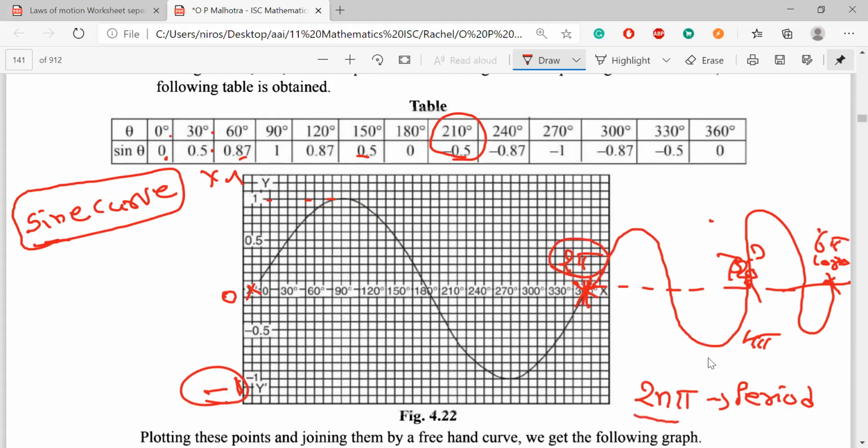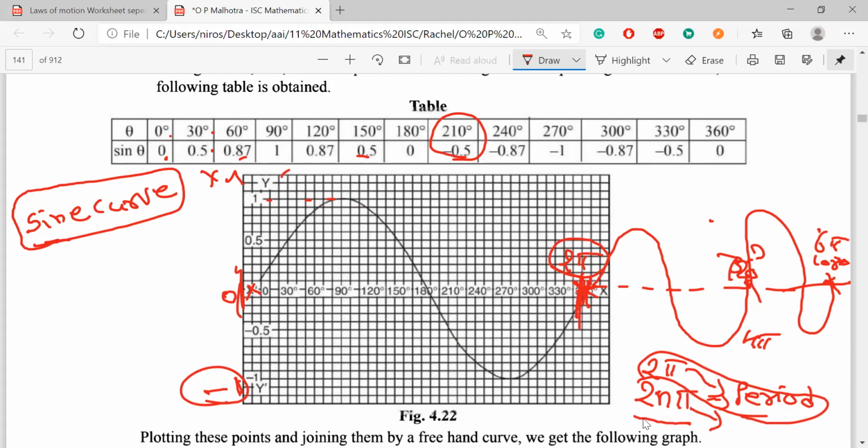That's why the period is 2n pi, where n is 1 over here. The smallest interval where the graph repeats itself. So 2 pi is the period of this, and it is represented by 2n pi.